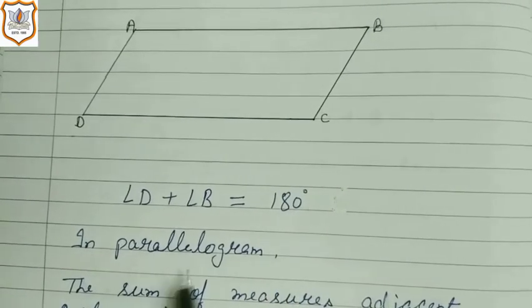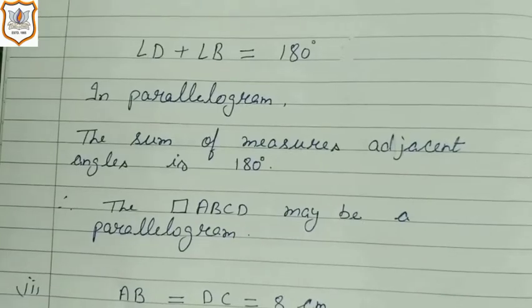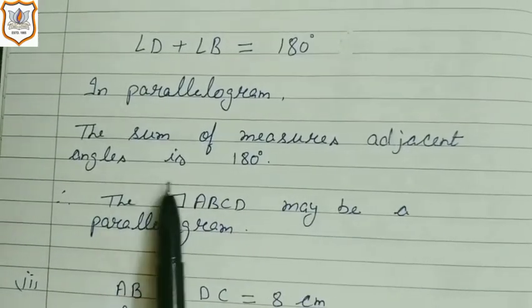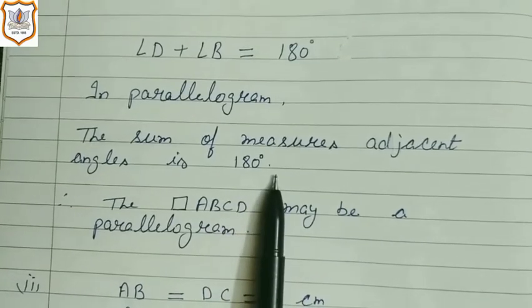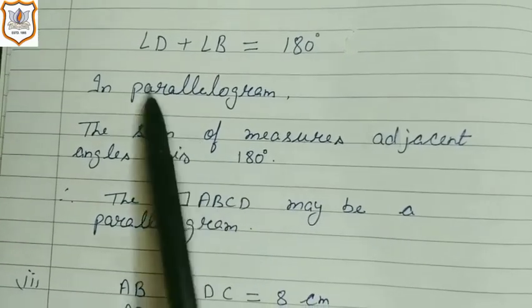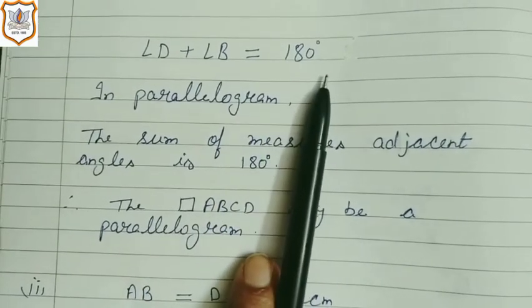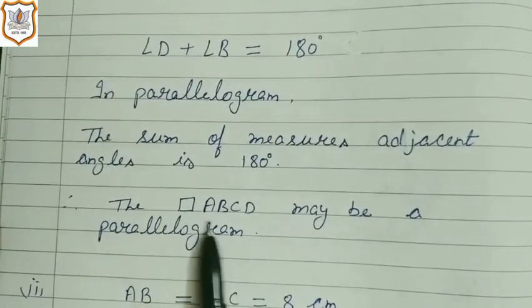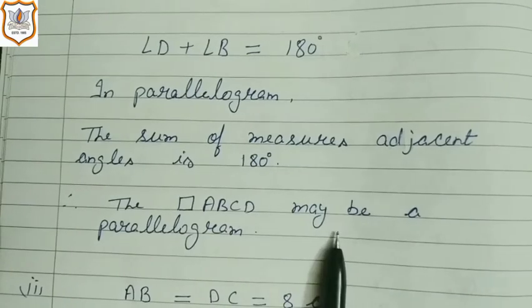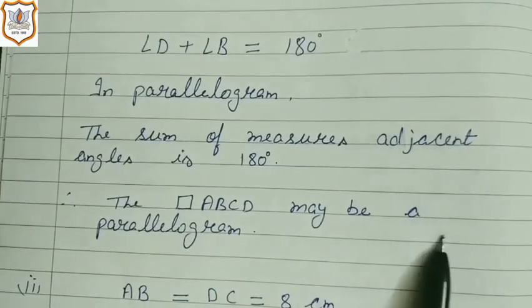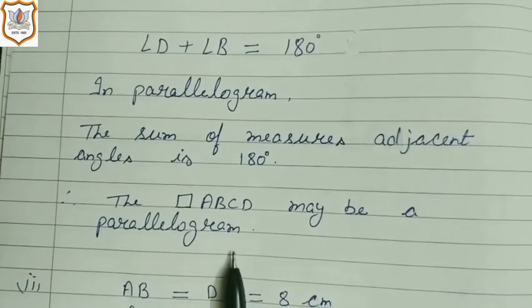But in a parallelogram, the sum of measures of adjacent angles is 180 degree. But here, the sum of opposite angles is 180 degree. So, the quadrilateral ABCD may be, students clear? Quadrilateral ABCD may be a parallelogram.